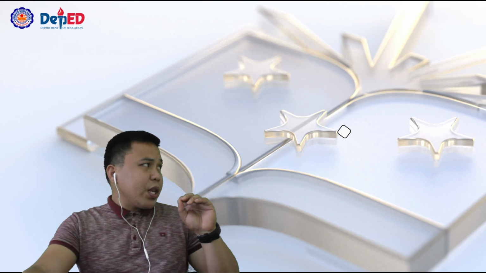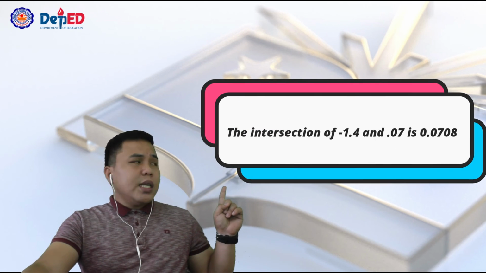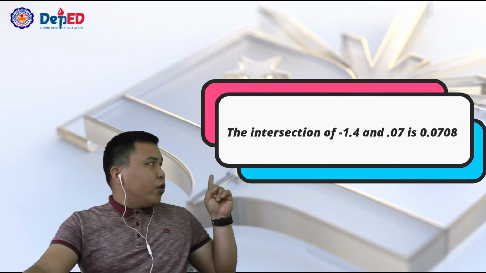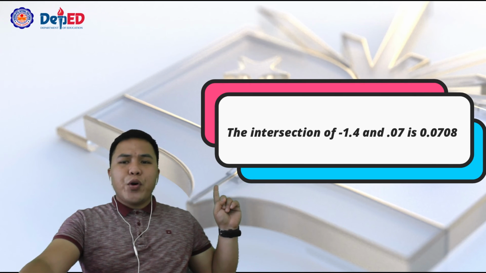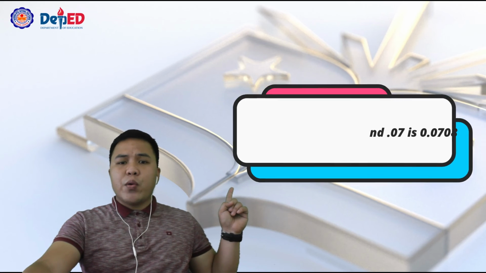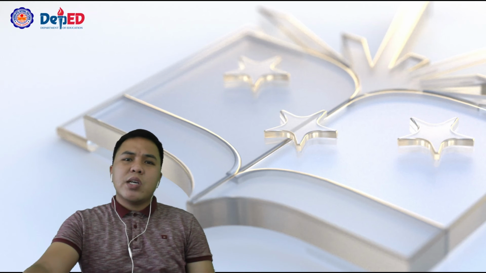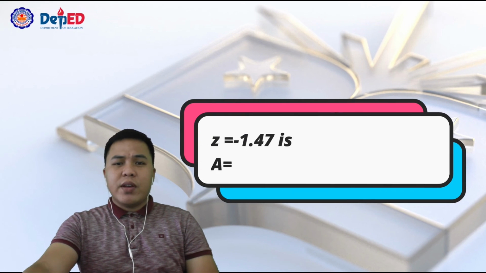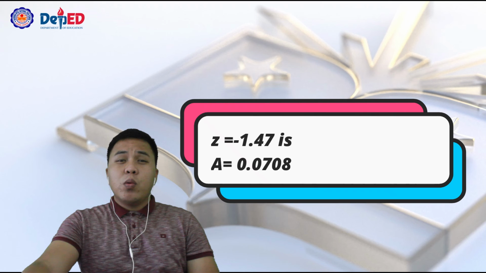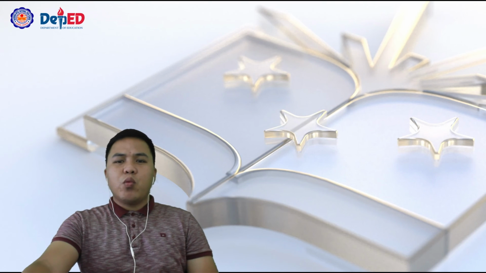Now, for step number 3, the intersection of the row z is equal to negative 1.4 and column 0.07 is 0.0708. Thus, the area that corresponds to z is equal to negative 1.47 is 0.0708.